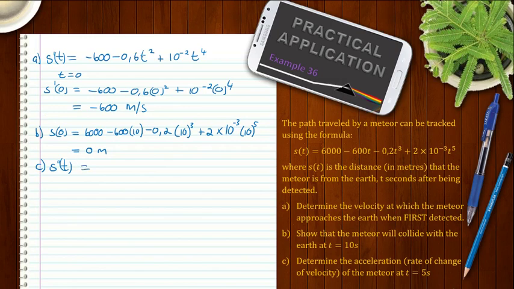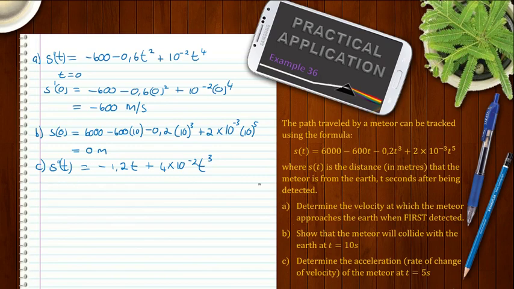Multiplying this together, we've got minus 1.2t, the constant falls away, and then plus 4 times 10 to the power of negative 2 t to the power of 3. Okay, so that is then our equation.